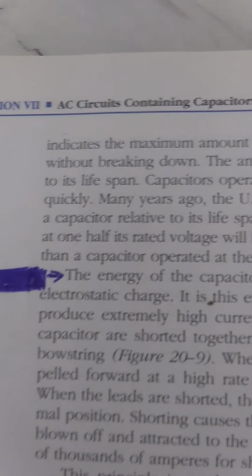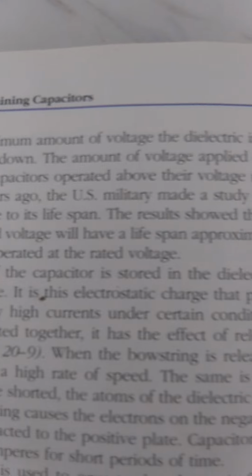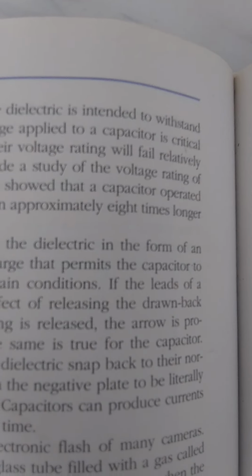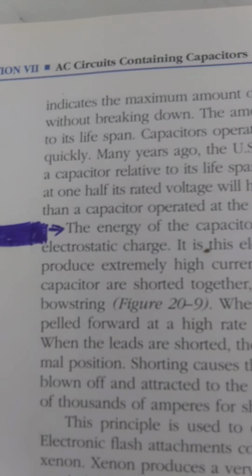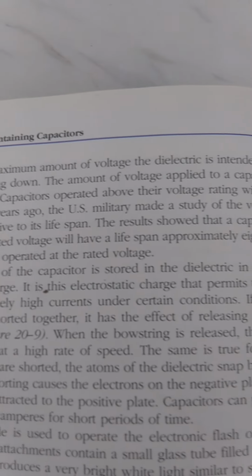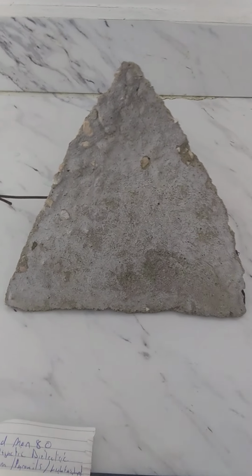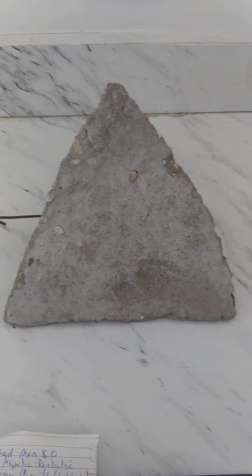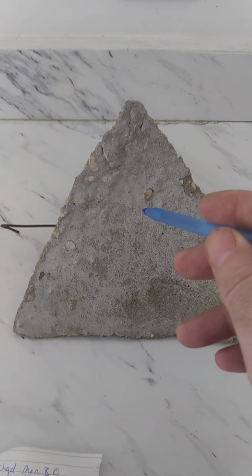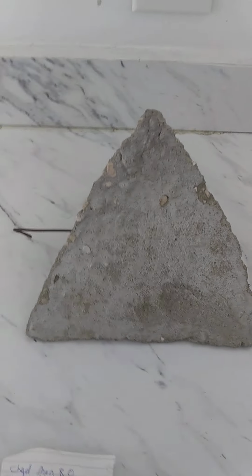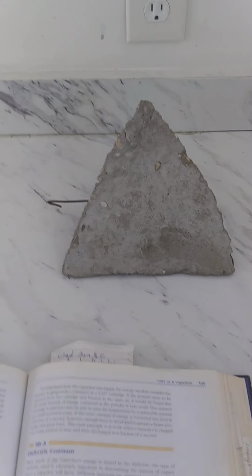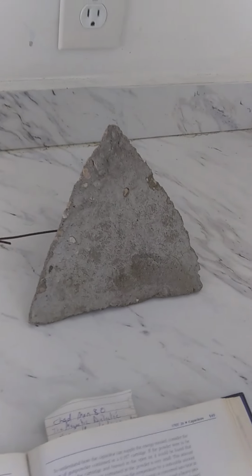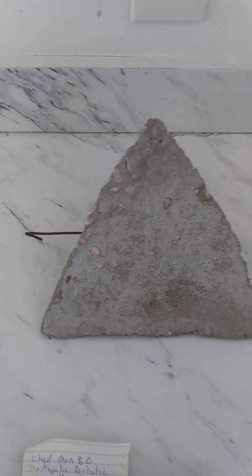And it talks about it here. It says, the energy of the capacitor is stored in the dielectric in the form of an electrostatic charge. So this thing is functioning exactly like a capacitor. It's storing up the charge in the dielectric material and it's able to release it, just like an electrostatic discharge of lightning.